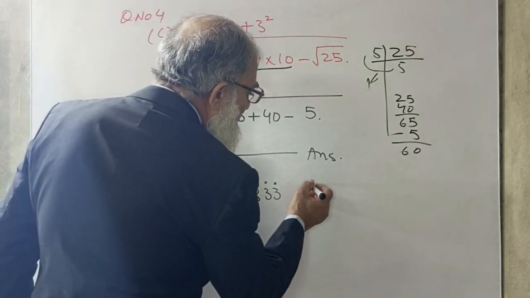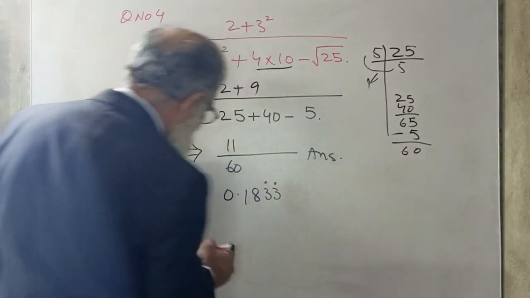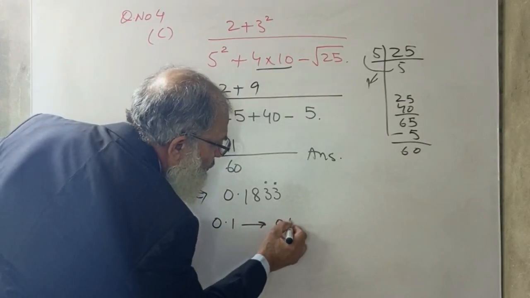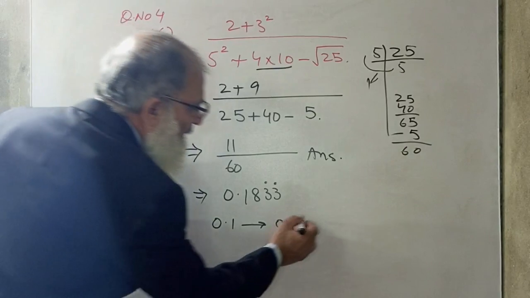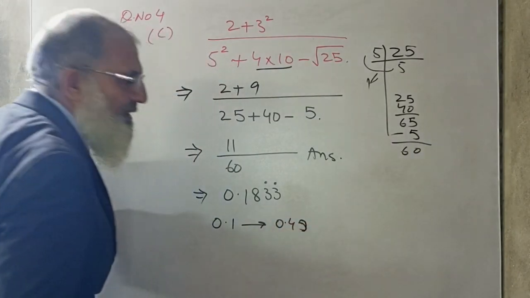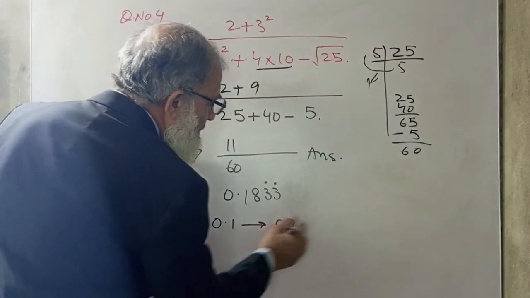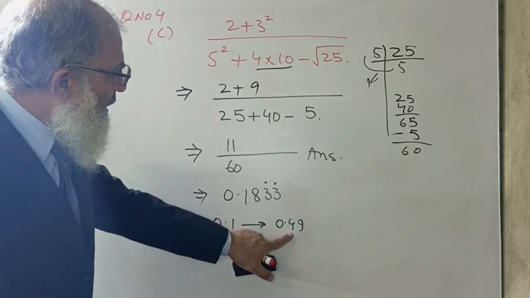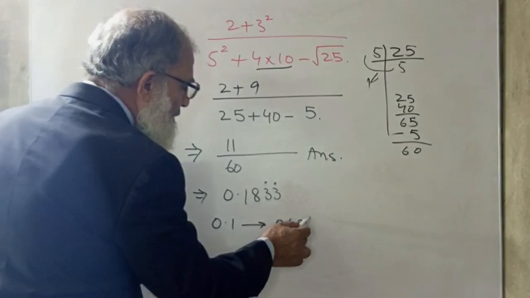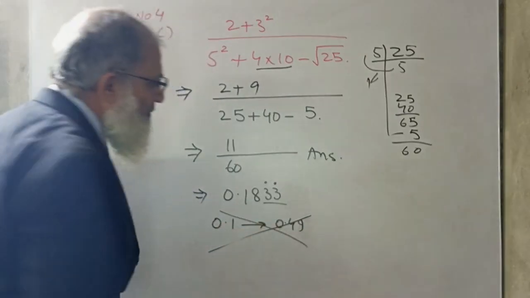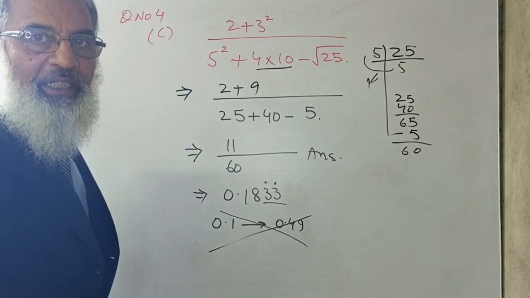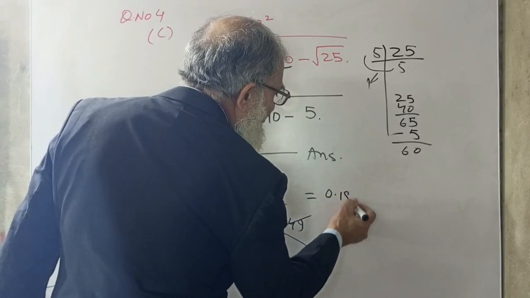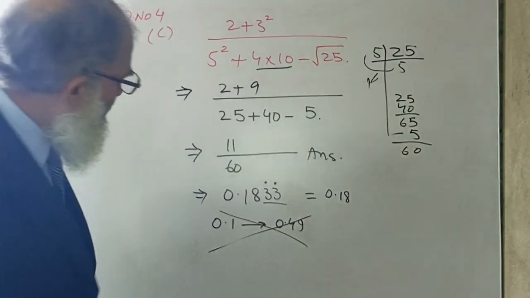Anything which is from 0.1 to 0.45, or let me take the highest, that is 0.49, 0.1 to 0.49, we just don't write it like this. We don't have to write 3 and 3 over here. The answer may be 0.18 now. There is another rounding.